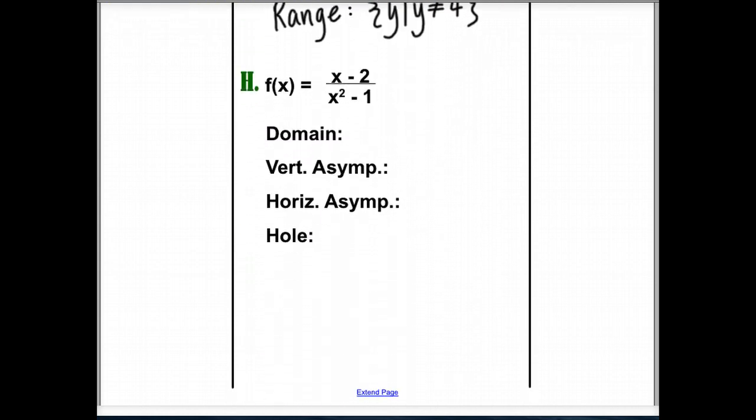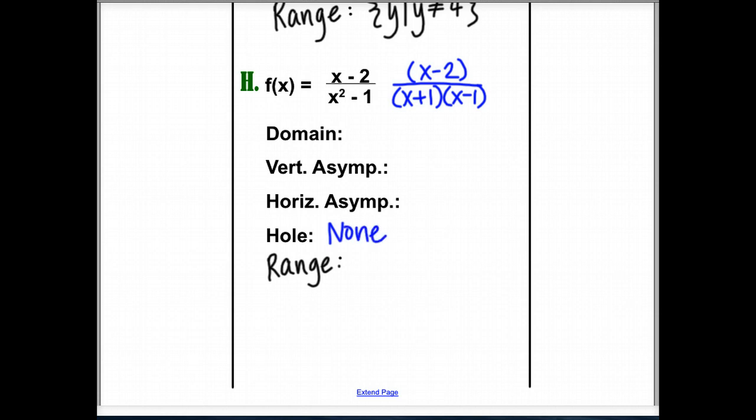Moving on to the next and last example. Here we have f of x equal to x minus 2 over x squared minus 1. Well, I see that this factors. We have x minus 2 on top, x plus 1 times x minus 1 on the bottom. Nothing can cancel, so we know that there is no hole.